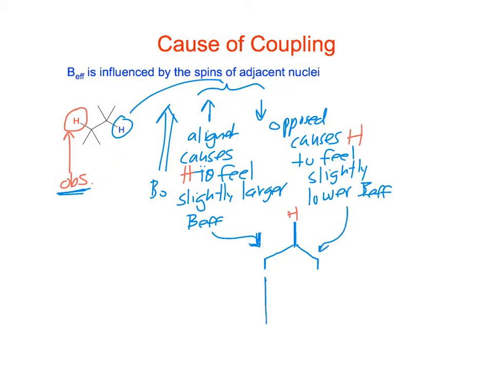And so we end up with two lines. So when we have a proton that has one proton on the adjacent carbon, it gets split into a doublet.